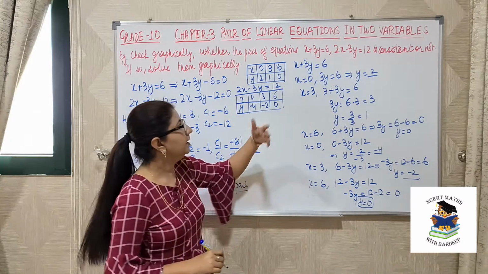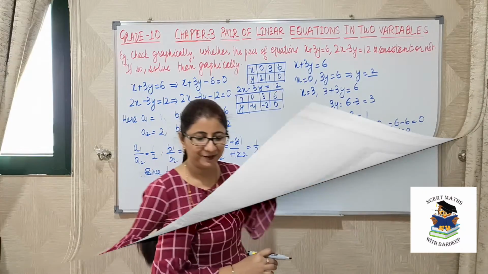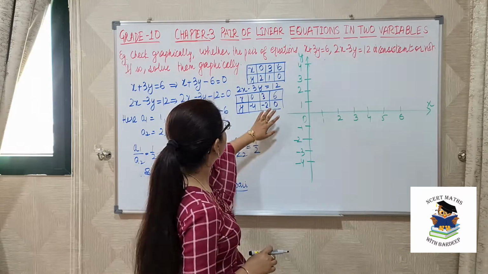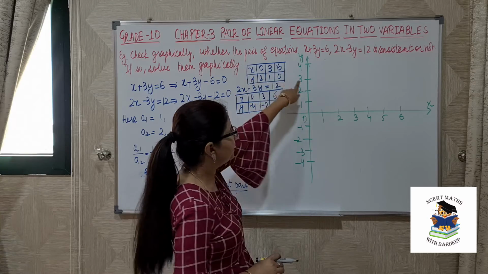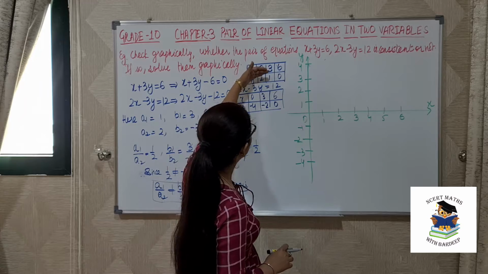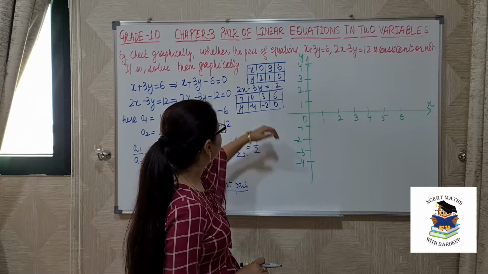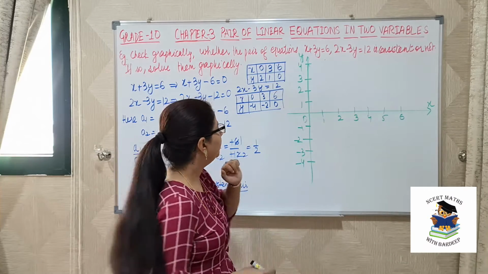Okay, so now let's see how to make a graph on the basis of these tables. So now let's plot the graph. See, in this table I can see that the x values are from 0 to 6 that I have chosen, and the maximum positive value of y is 2 and the negative is -4. So I have marked these points accordingly.